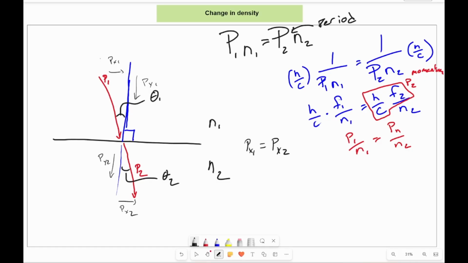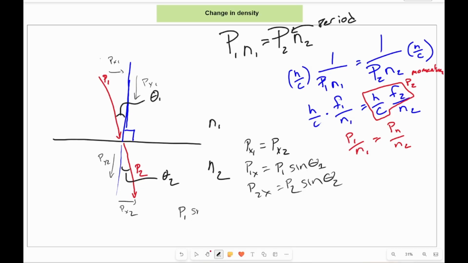And so we know with just the trig, P1x equals P1 sine theta 1, P2x equals P2 sine theta 2. And so we can set these two equal.